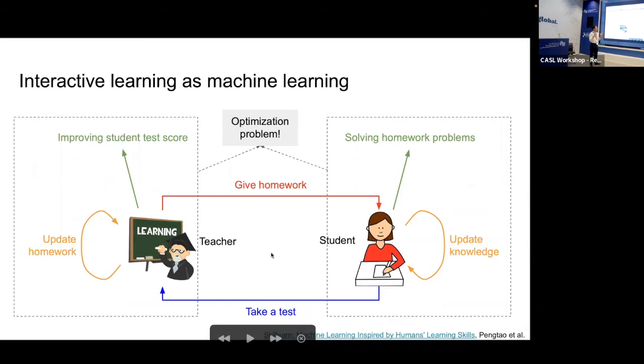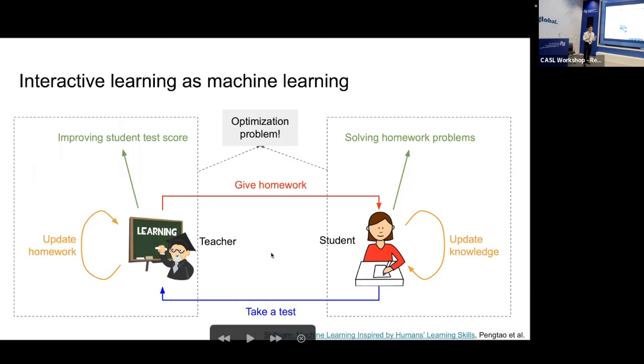If we approach this scenario from the machine learning perspective, these green parts, solving homework problems and improving student test score, are very similar to the optimization objective, like the loss function. The orange parts, update knowledge and update homework, are very similar to the parameter update stage in machine learning. So basically, the teacher and students are solving optimization problems, but the unique characteristic of this scenario is that these two optimization problems are interacting through these red and blue arrows.